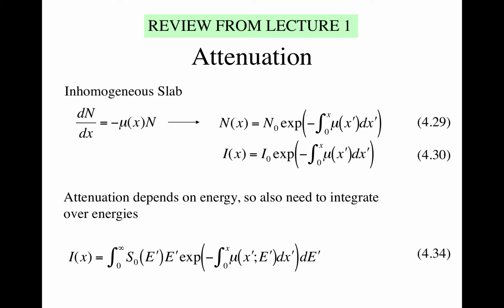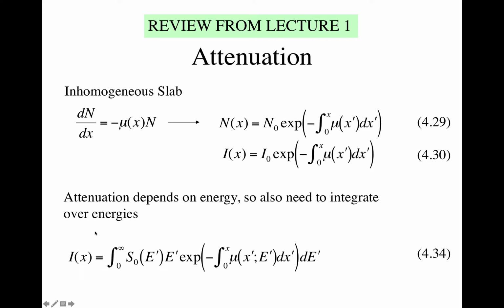Bone, muscle, blood, contrast agent, etc. So in order to get my final intensity of the beam, if I hit the patient with an intensity I naught, and I look through that beam length through the patient, what I have to do is integrate the mu values along that path, right? And so the intensity at any depth x is proportional to the integral from where I start the attenuation to that depth x, over the length of the attenuation, right?